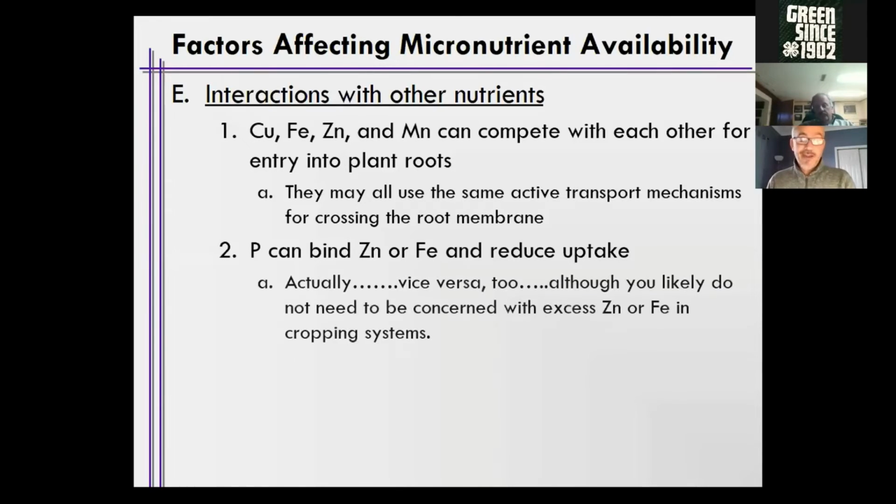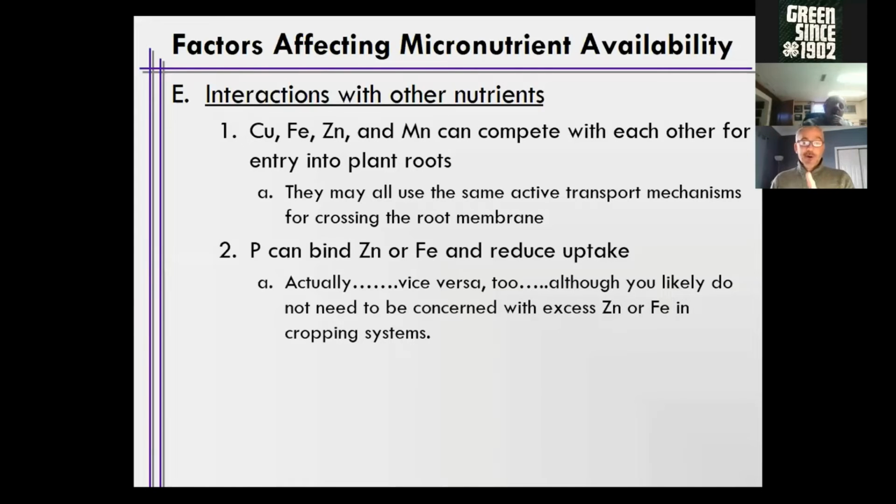The interesting fact is that this goes both ways, and I would assume all the producers on this call today would not over apply zinc or iron to the extent where you would tie up phosphorus in your soils.